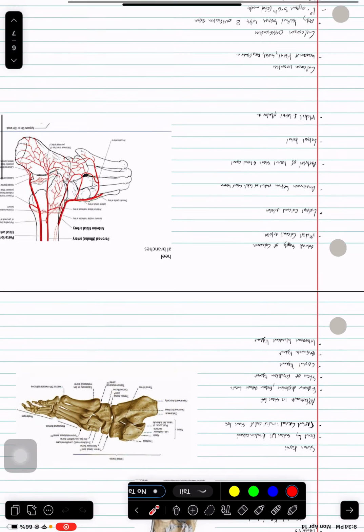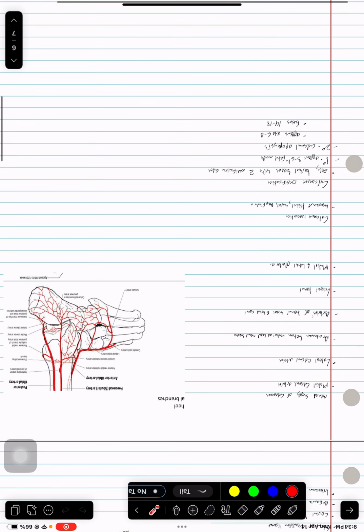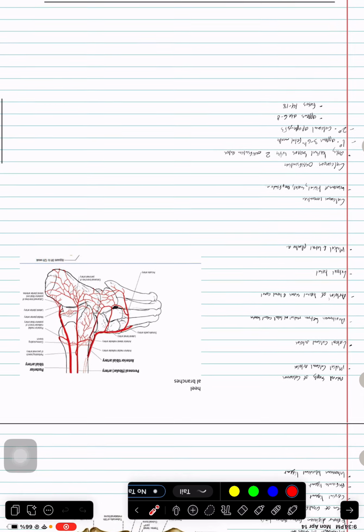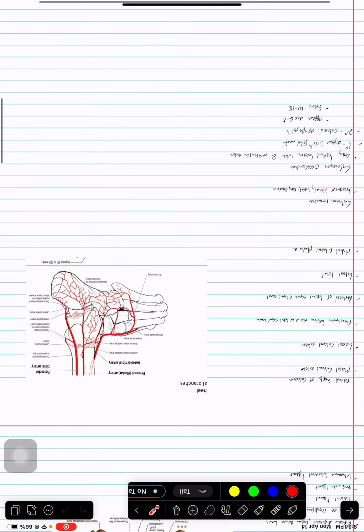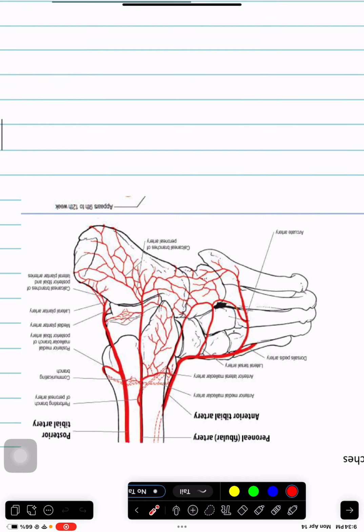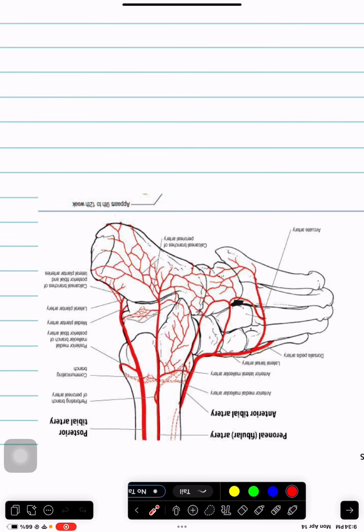And we can briefly talk about the blood supply of the calcaneus. So we have your medial calcaneal arteries that will provide vascular supply. So that would be around here. Obviously, this is your lateral side. You can see calcaneal branches here on this medial side.